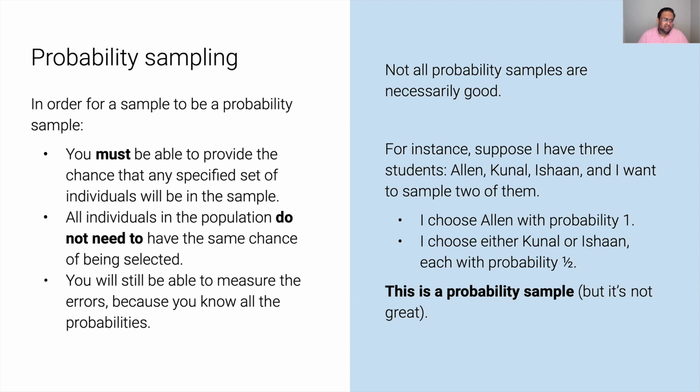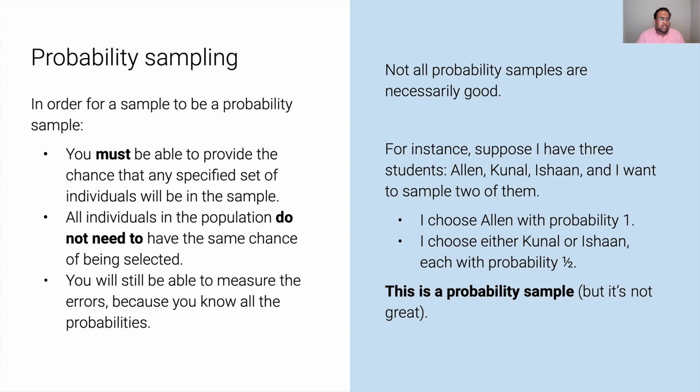Well, a sample is a probability sample if, for any specified set of individuals, you can tell me what the probability of those individuals being in my sample is. It doesn't need to be an easy calculation. You don't necessarily need to be able to write it out by hand, but you need to be able to compute it in some way.